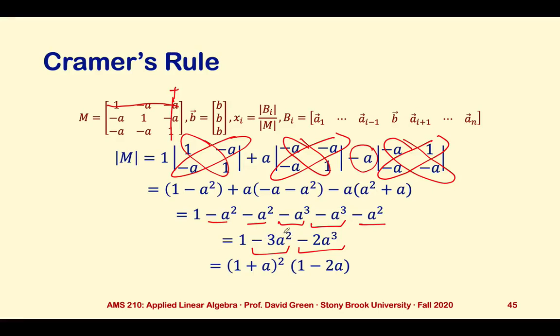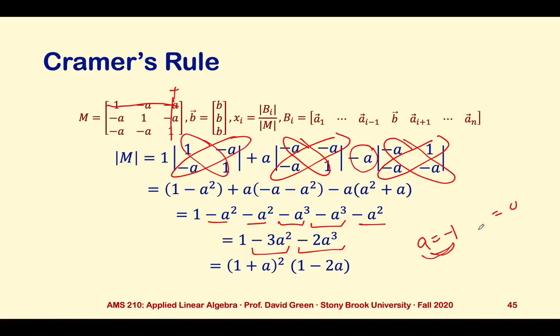If a equals 1, we'd have 1 minus 3 minus 2. Well, that's not 0. But what if a is minus 1? If a is minus 1, we'd have 1 minus 3 plus 2, which is 0. That suggests that a equals minus 1 is a solution to this being equal to 0.